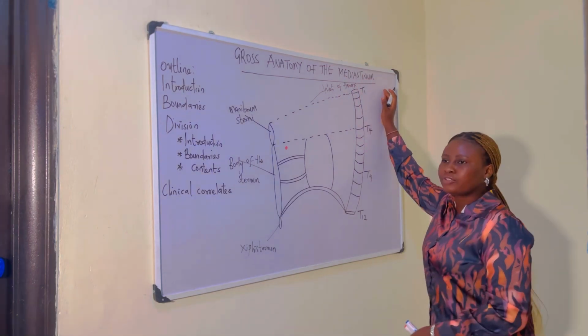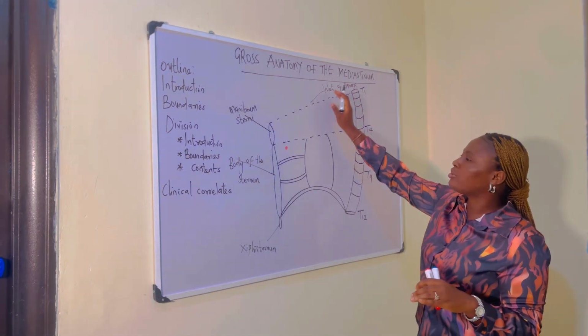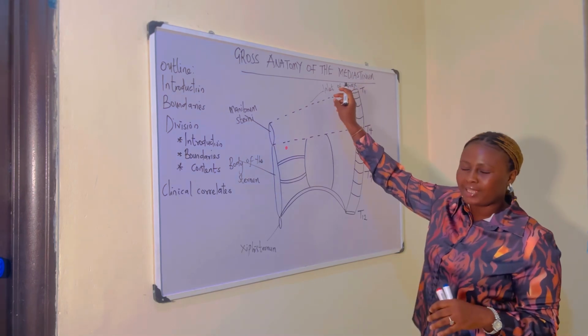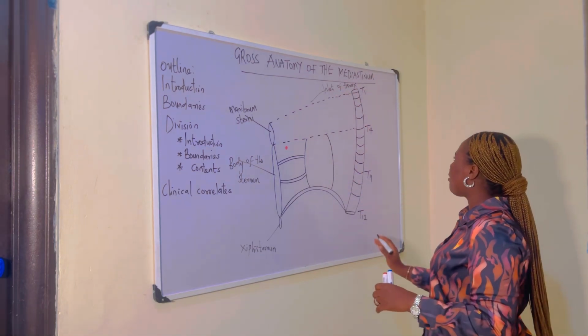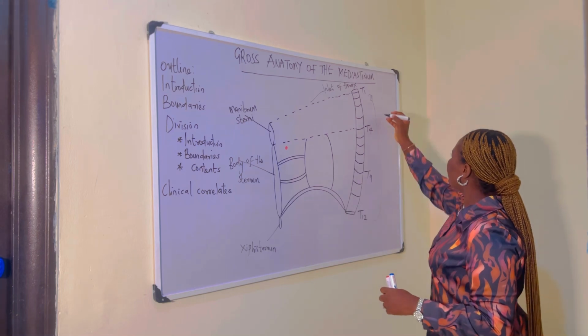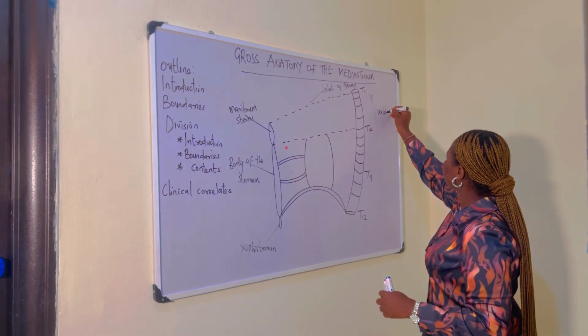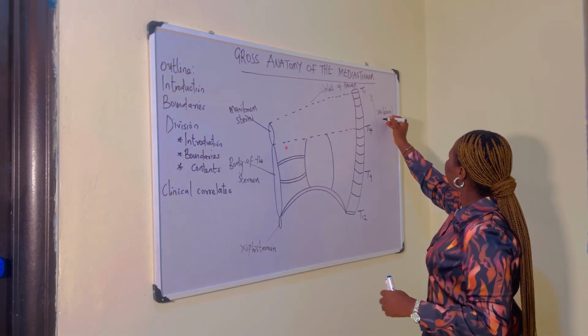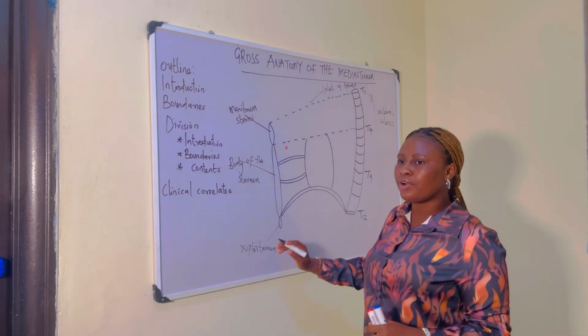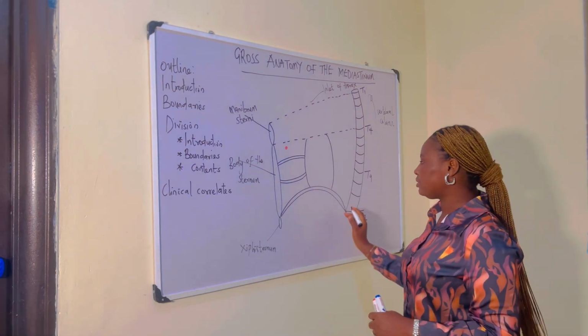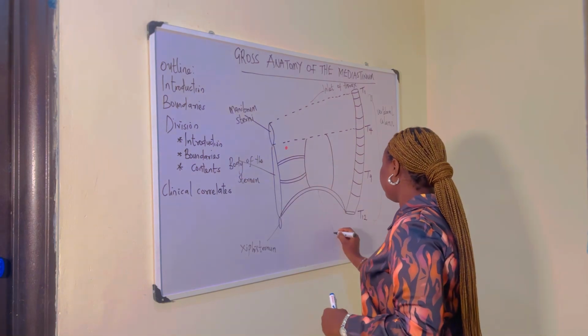Now, this inlet of thorax is an opening that you can see on the upper part of the thoracic cavity. Then it is bounded posteriorly by the vertebral column. So this is the vertebral column. And it's bounded inferiorly by the diaphragm. So this is the diaphragm.